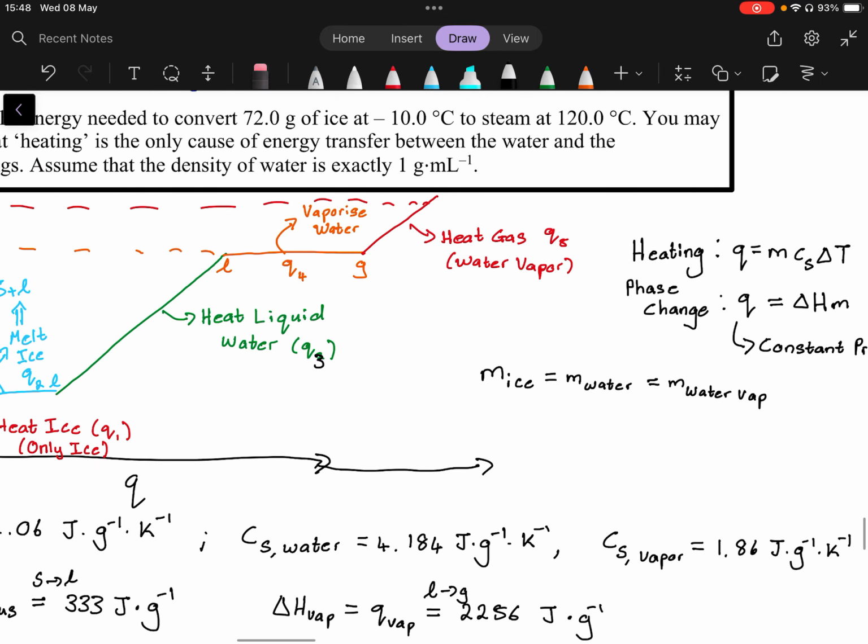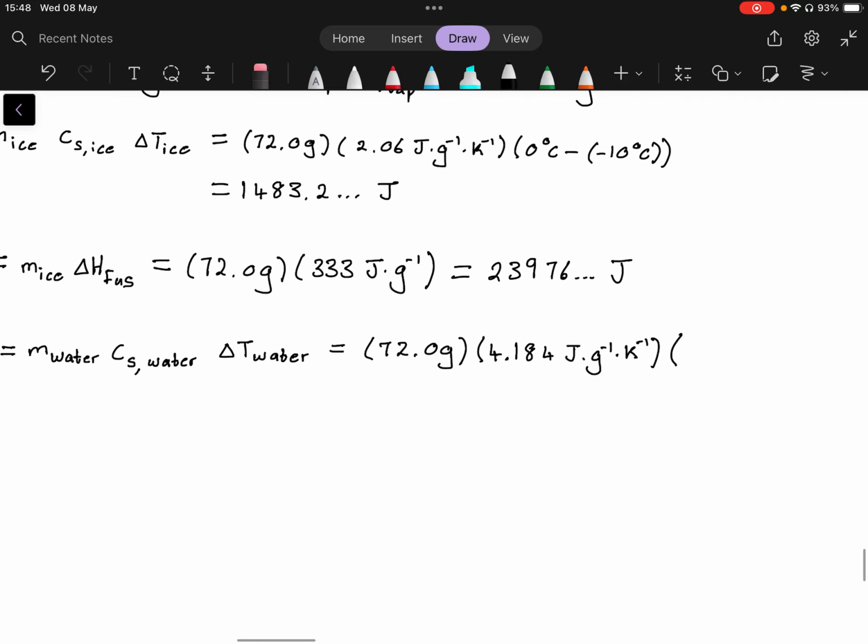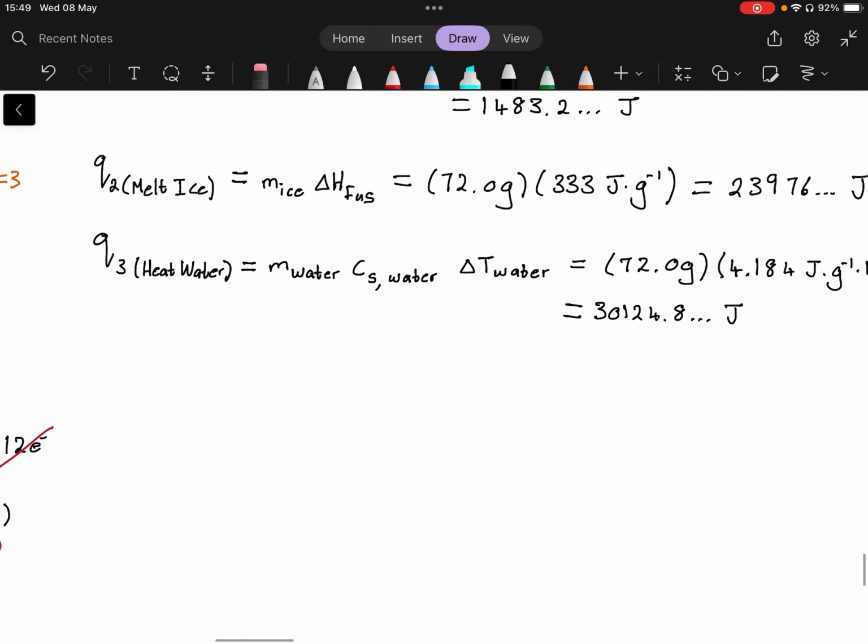We end up at 100 degrees Celsius. We start at 0 degrees Celsius. And remember, you can write degrees Celsius or Kelvin because the change in either one is the same. And then you should get a value here of 30124.8 joule.